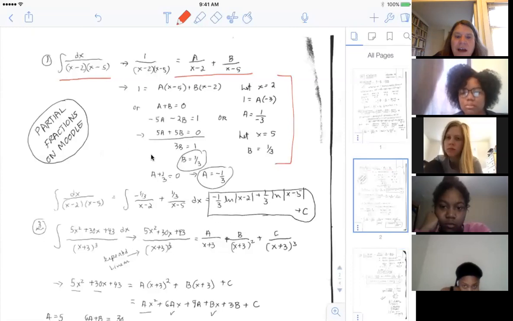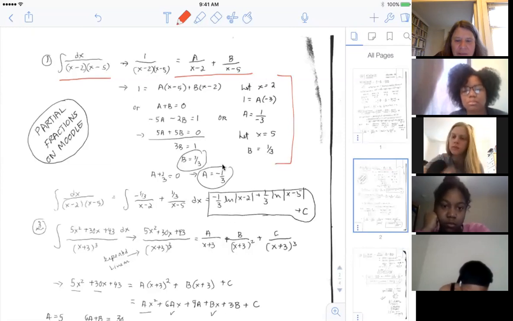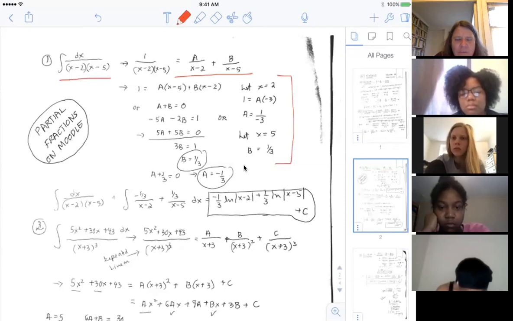So for example, if I let x equal 2, that thing right there is going to drop out. If I let it be 2 right there, that's -3. That makes A equal to -1/3, okay? If I let x equal 5, that one drops out. 5 minus 2 is 3, and so I get B equal 1/3.